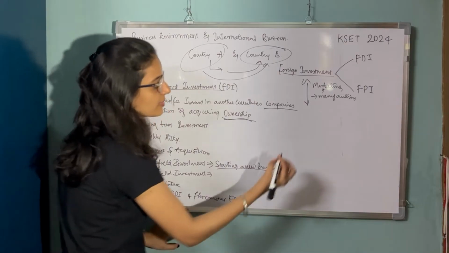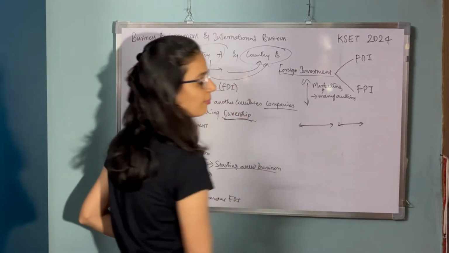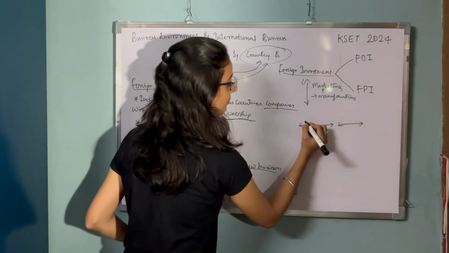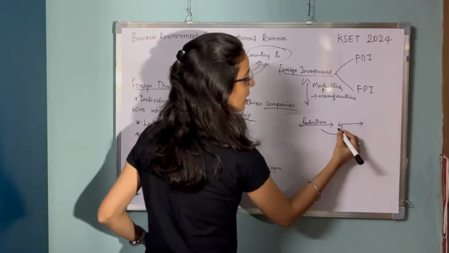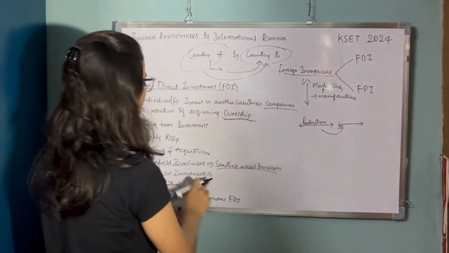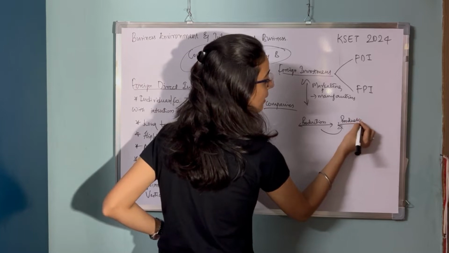Horizontal FDI means joining hands with a company which is at your same level. Like if my company is involved in production, I am merging or joining or forming a joint venture with a company which is also involved in the production level only.